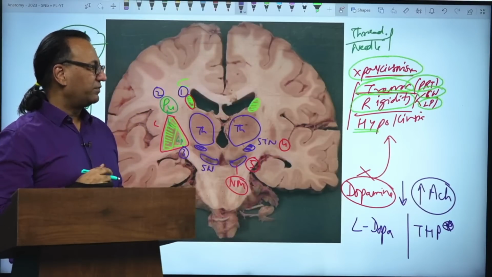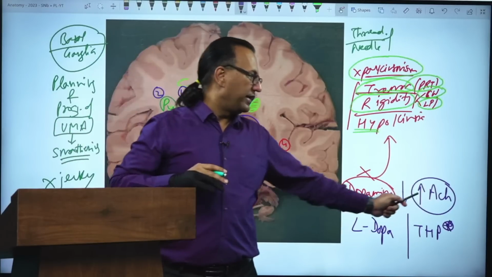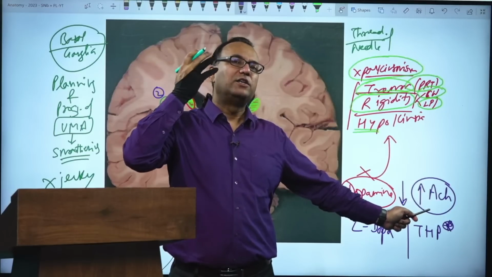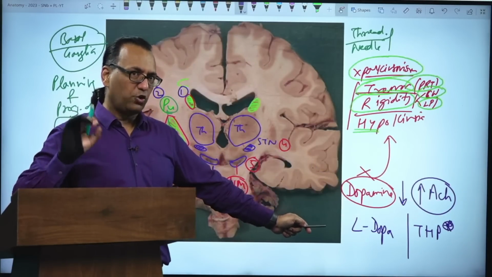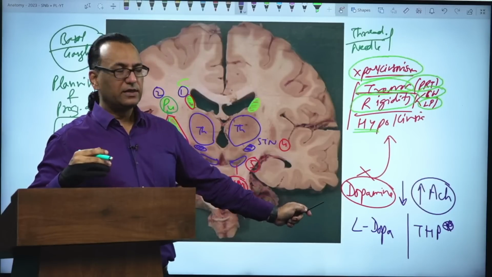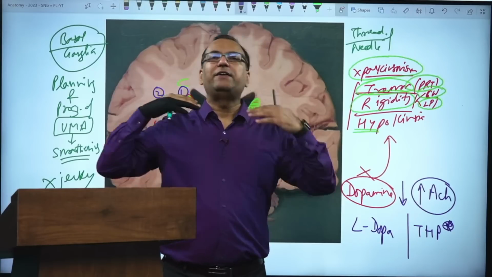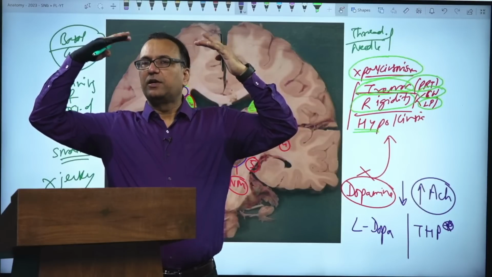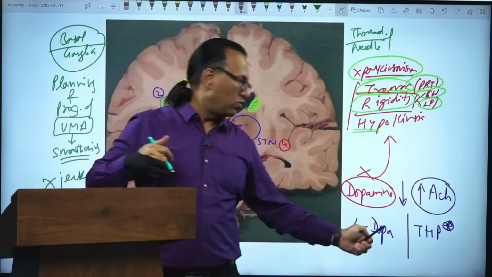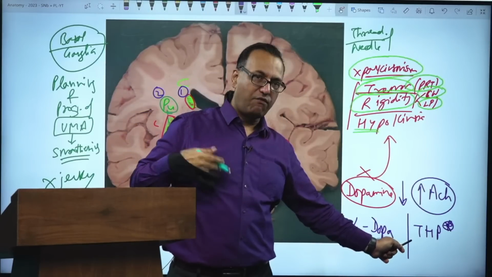So in Parkinsonism, as dopamine goes down, acetylcholine relatively goes high. To treat your patient, first you give L-Dopa to increase dopamine, and to take care of the elevated acetylcholine, which is why tremors and rigidity come, you reduce it with a centrally acting anticholinergic like trihexyphenidyl.